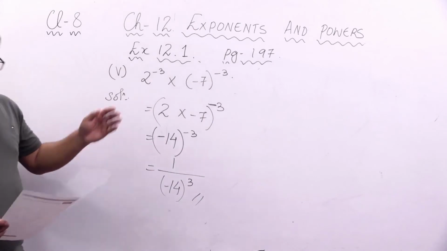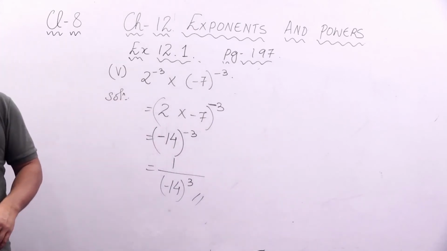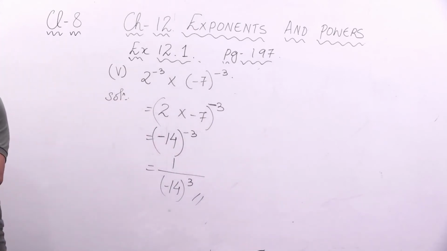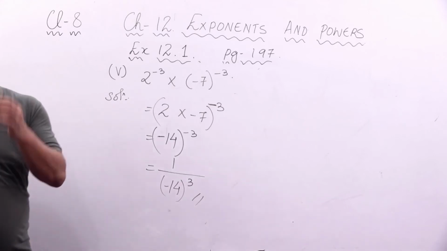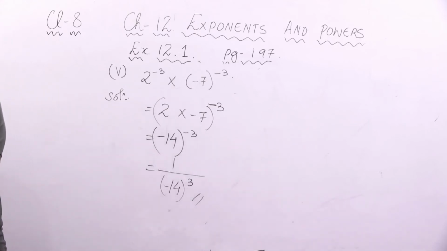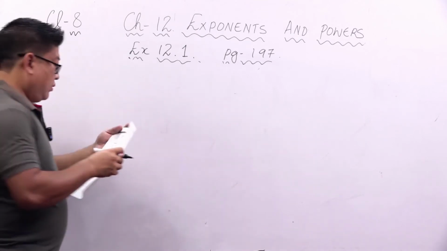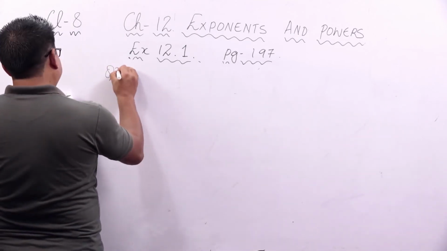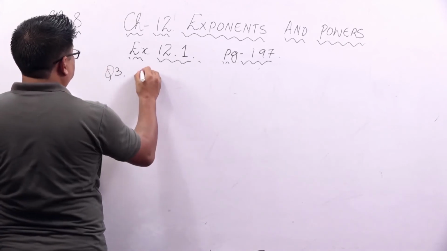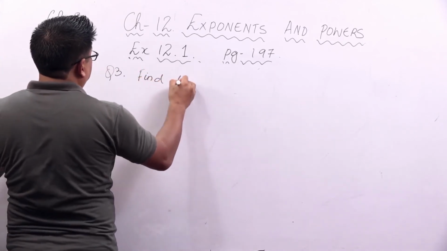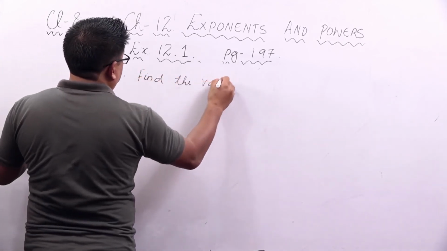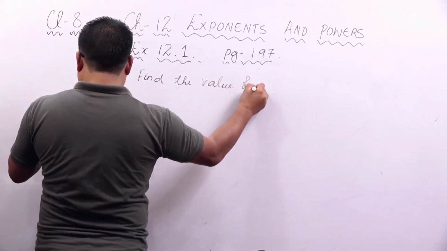All right. So this is how you will solve these questions for question number 2, how to simplify. Now if you turn to question number 3, the question is find the value of.